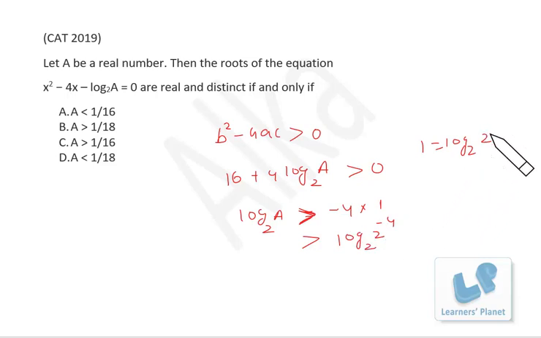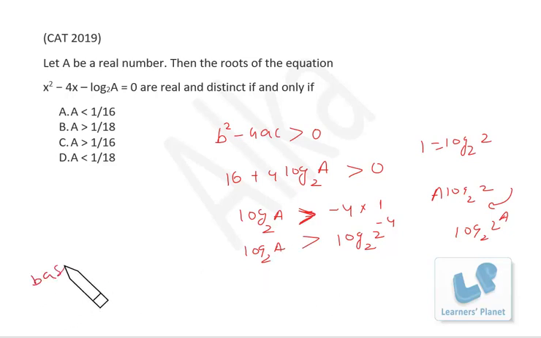So what I can do is, the number before the logarithm goes onto the power. It can be written like this: minus 4 I am taking to the power. Now if we take antilog of both sides, because on both sides we have the same base, and the base is greater than 1, the sign of inequality will be maintained.